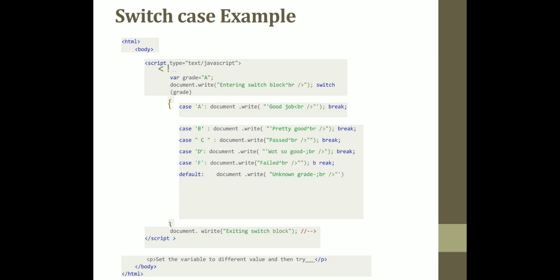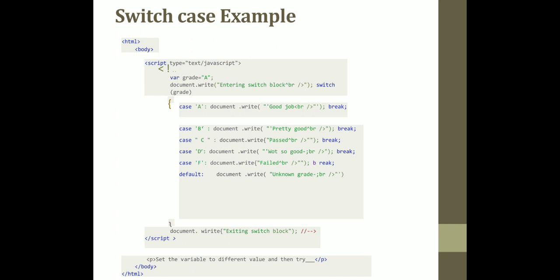We have entered that statement, and case a colon, you have to write document.write is good job and break. Then case b, document.write pretty good and break. Document.write for case c is pass and break.